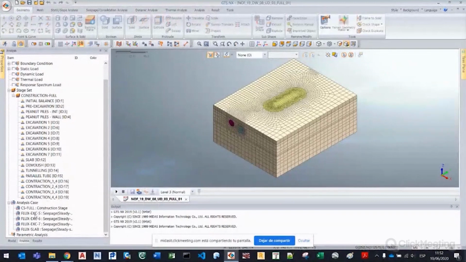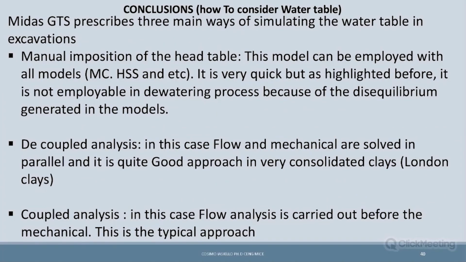Each time, excavation 5 is directly recognized, and excavation 5 can be the same, because I have defined it. So this is more or less what I would like to tell you. I don't know, Damian, if I answered your question or if there is something not clear.